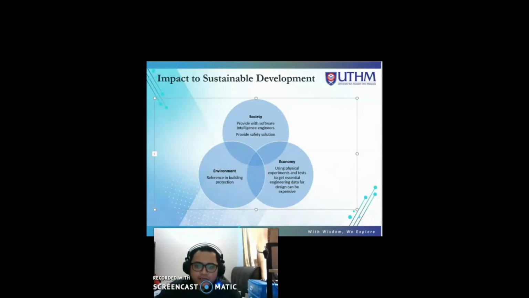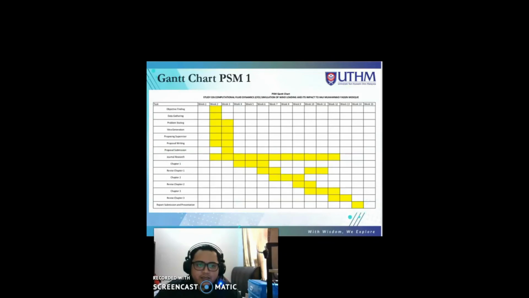For the environment, we provide building protection by using simulation. For the economy, of course, physical experiments and their data can be expensive, so by using simulation we can make the cost lower than other experiments.